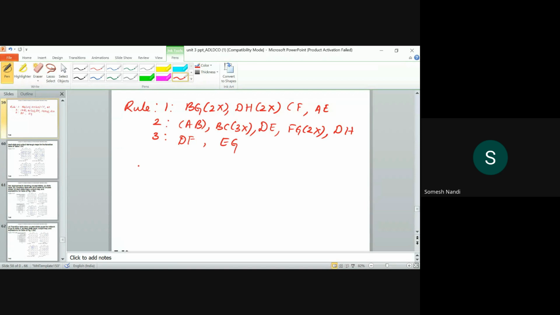Now, if you take your K-map, why I have taken 8 locations is because you have 8 combinations, correct? A to H, you have 8 combinations.